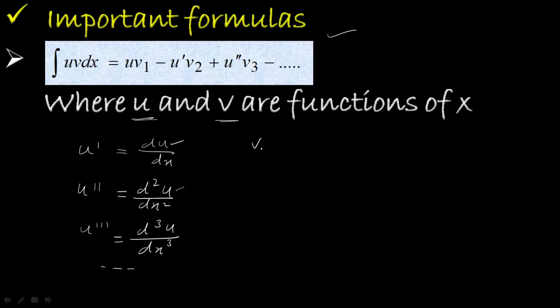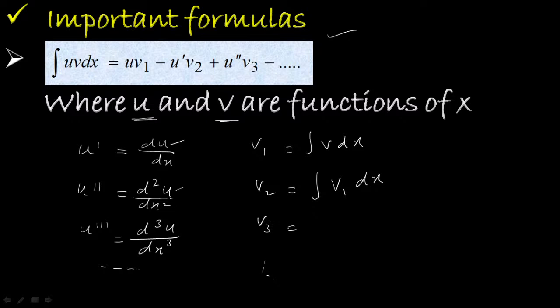And v1, v2, v3, etc. are all successive integrals of v. That is, v1 is the integral of v dx. v2 is the integral of v1 dx; if you integrate v1, you get v2.